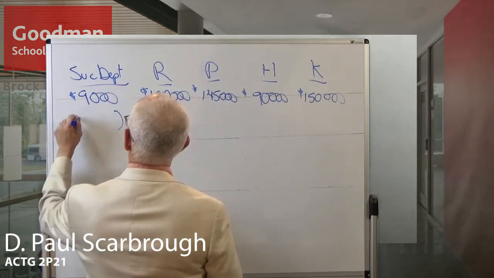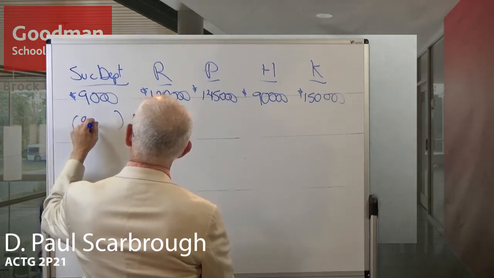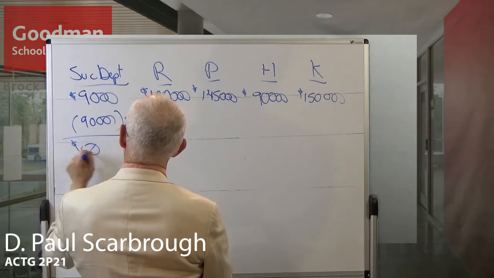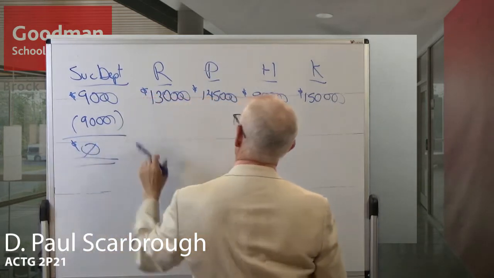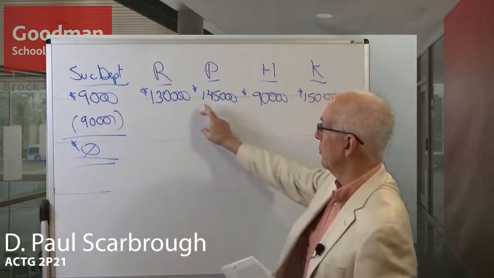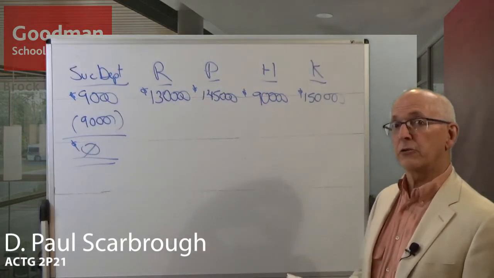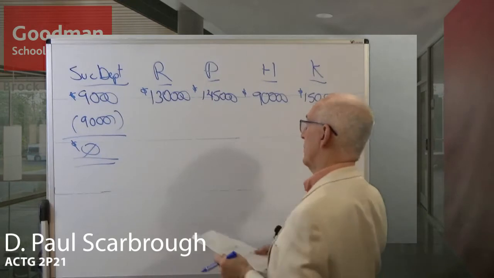And we're going to do the same thing. We're going to do our credit entry here, the $9,000, which will get us to the 0, which is where we want to be. I forgot to mention on the other side, that whole row across here is a journal entry. You have to actually put that in the general journal to transfer this from one department to the next.